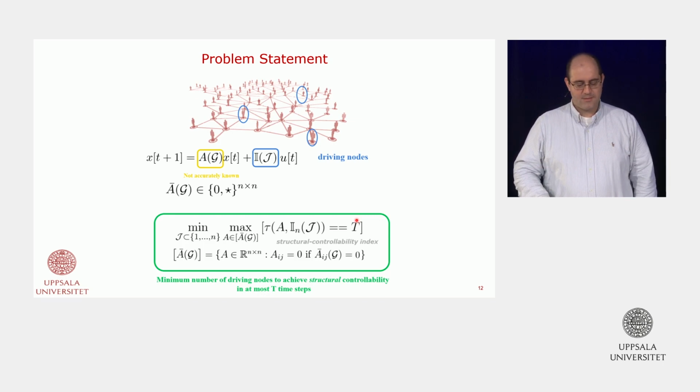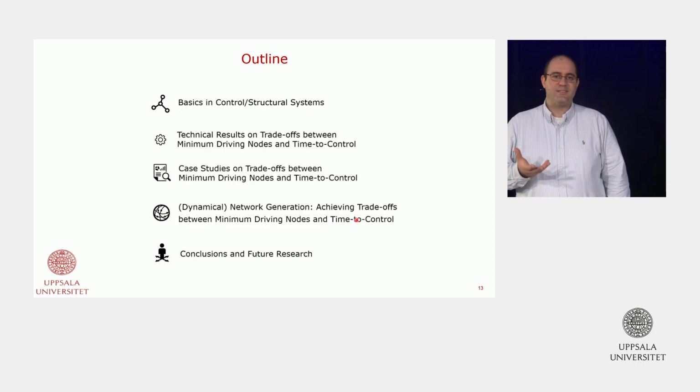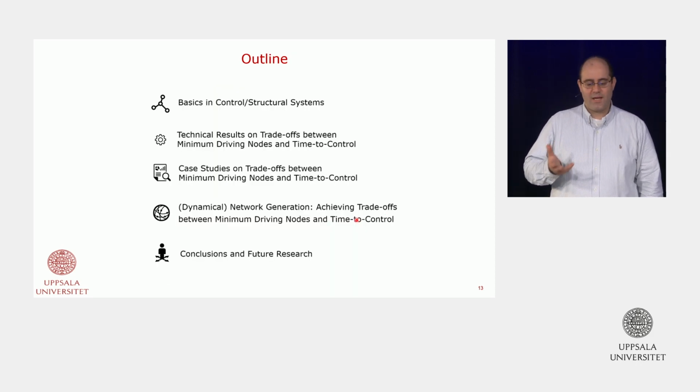And that is something that, in order to understand how we solve this problem, we actually need to consider several aspects. And here is the outline for today's presentation. So we will start with some basics in control and structural systems. Then we'll go through some technical results regarding the problem that I just stated. We'll look into some case studies and try to understand what are the implications in the context of both synthetic as well as real networks.